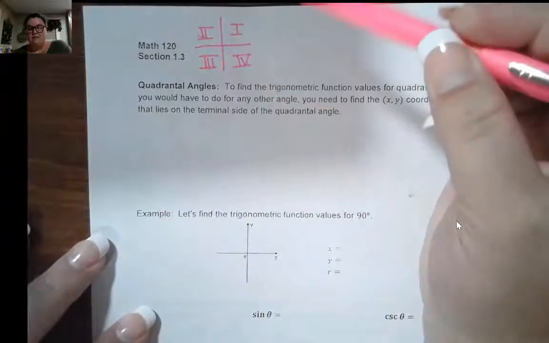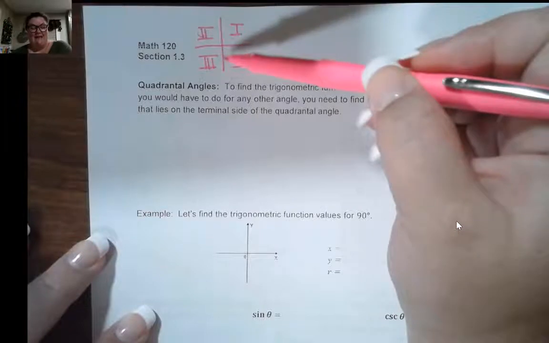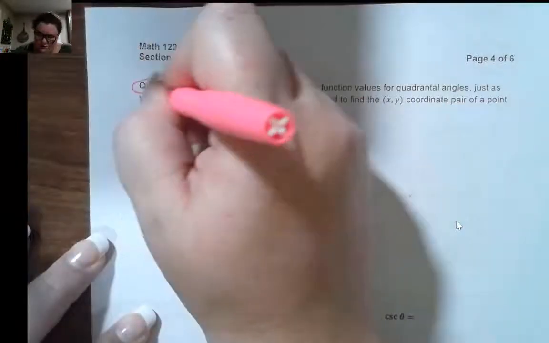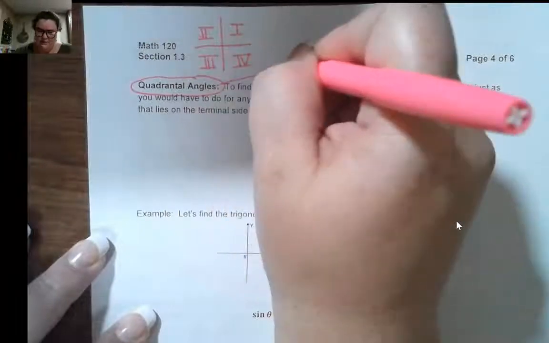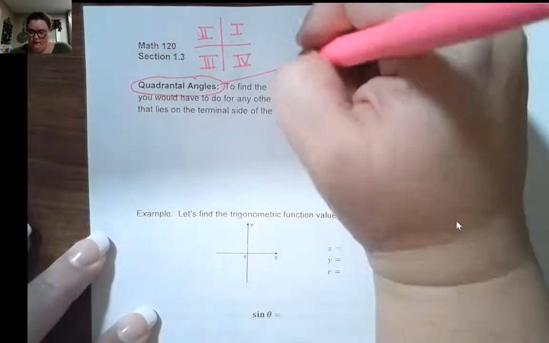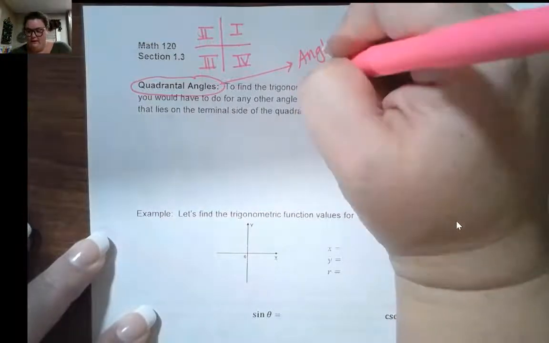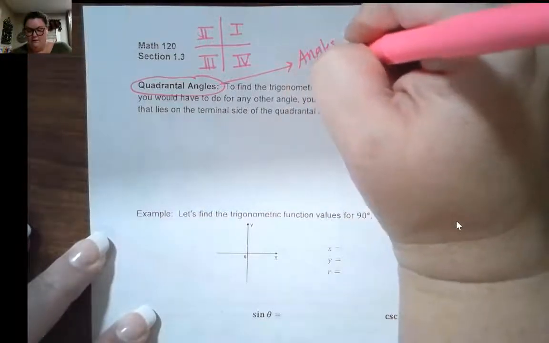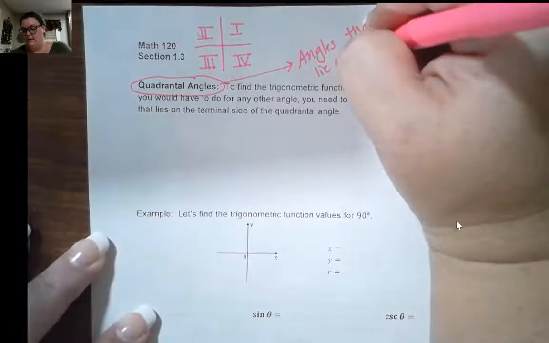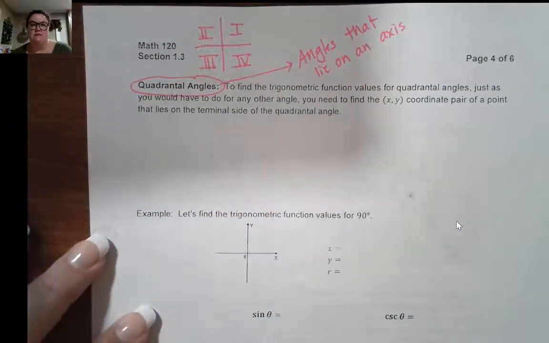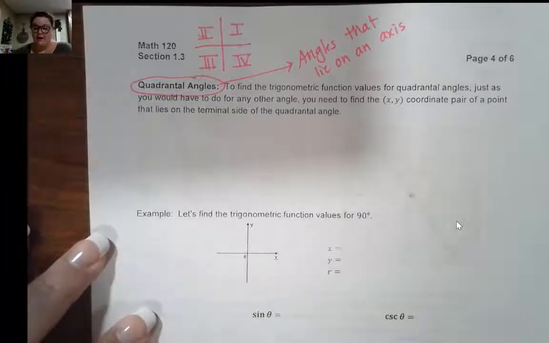They're angles that fall on the actual axes. Okay? So quadrantal angles are angles that lie on an axis.